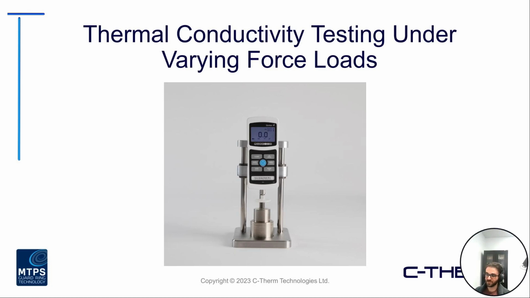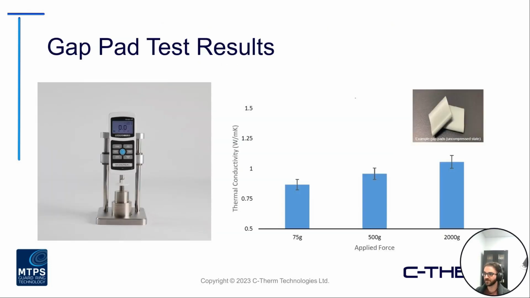So when you're looking at these spec sheets, it's really important to verify if they are providing information on how the measurement was taken, but also what conditions were used. Because, of course, if you were to apply a significantly high force load on a sample, you can get away with quite a high reported value. But is that truly representative of that material in reality?